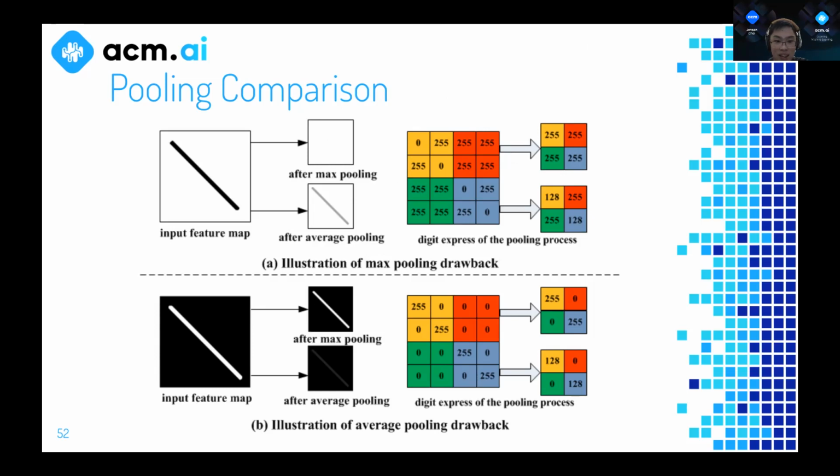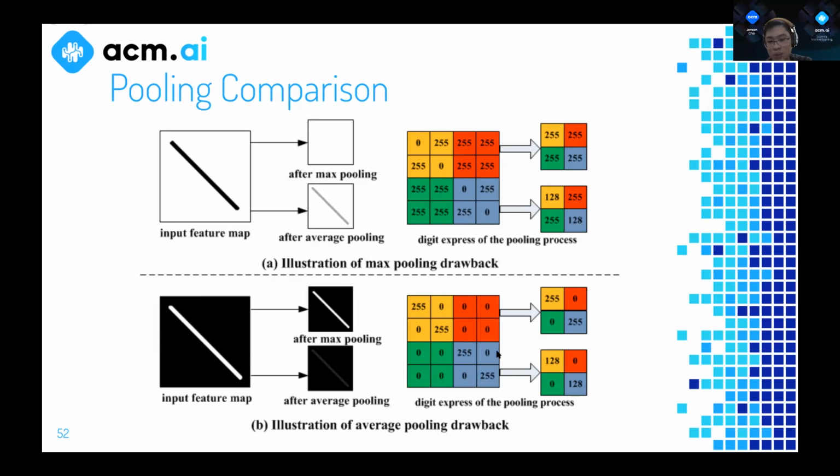But actually let's look at this bottom example here because it's much more common for our purposes. This feature map is mostly black, so this is mostly zeros, which is a lot more common than mostly 255s because our features are almost never going to be everywhere in our image. After we do max pooling, if we look at this top left corner again, we take the maximum value here, which is 255, which works very nicely because it preserves the regions of high activation, so it preserves where our features are actually present.